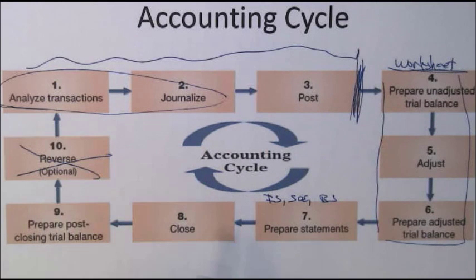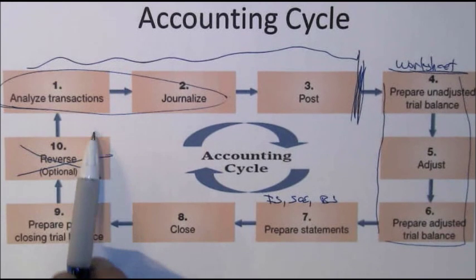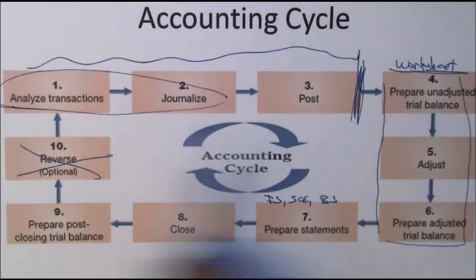And we prepared our financial statements, these things that we use to communicate to people outside of our company. We closed everything out, the post-closing trial balance proves that our system's in balance to carry forward to the next period, and we go back and start it all over again for the next accounting cycle, right?